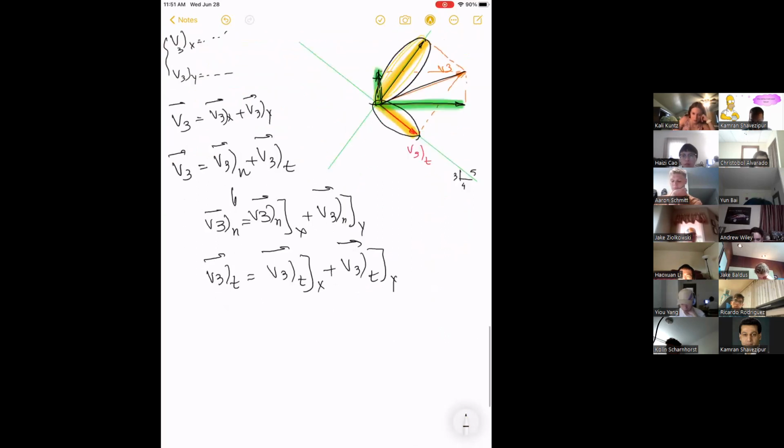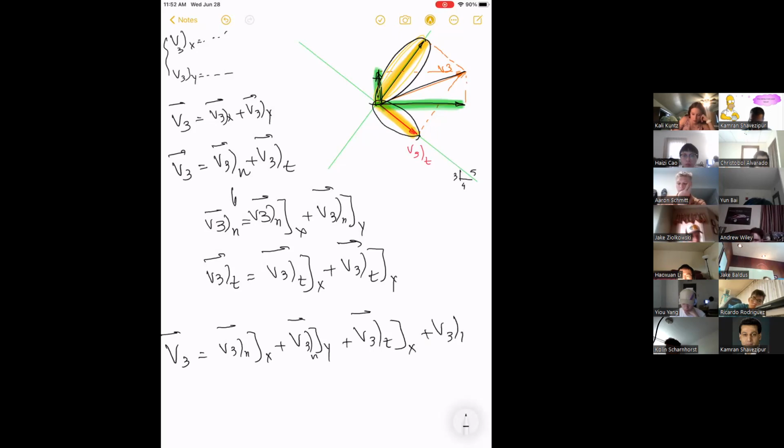If I add them together, you're going to get V3 is going to be V3NX plus V3NY plus V3TX plus V3TY, right? Now I'm going to get the X components together and Y components together.